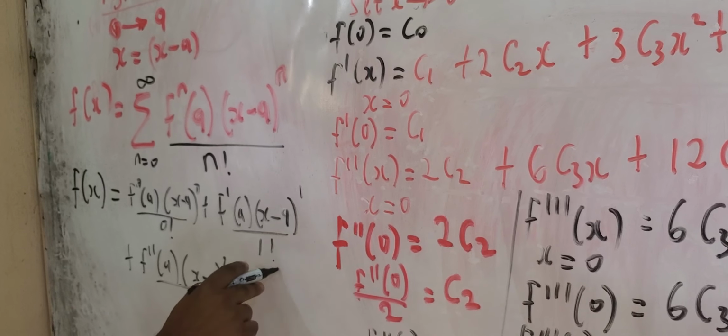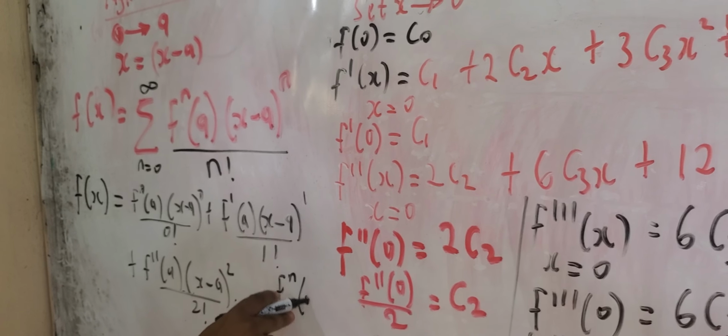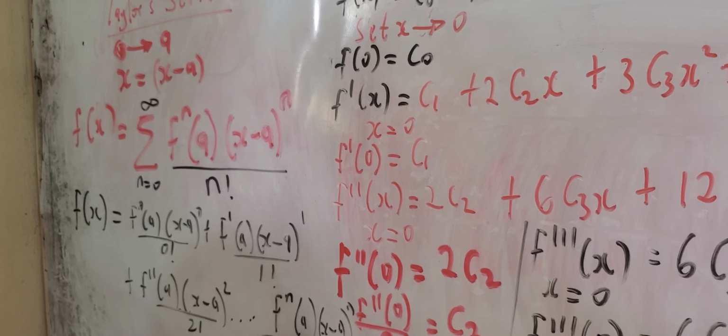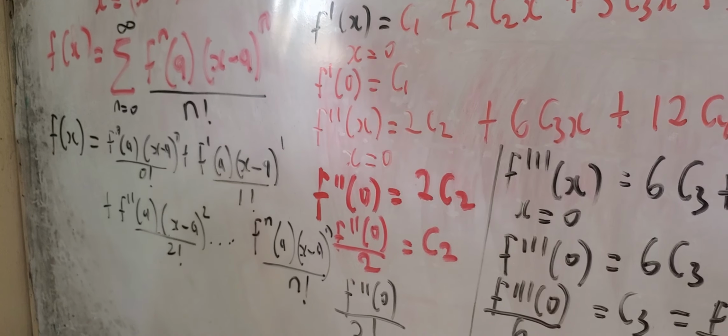Then this thing continues into the nth derivative of a, x minus a raised to power n all over n factorial.